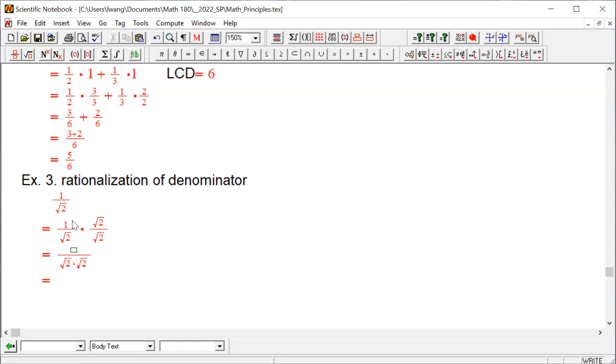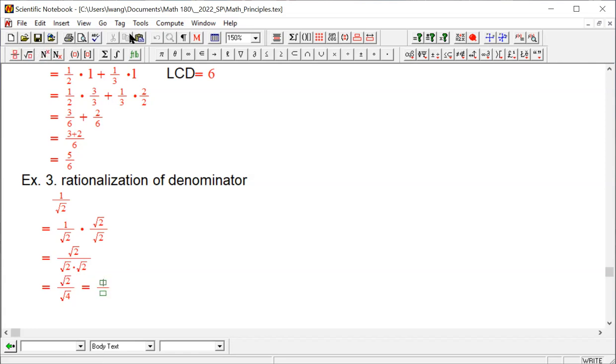And the numerator is 1 times square root of 2, that's square root of 2. Square root of 2 times square root of 2 is square root of 4, and square root of 4 is equal to 2.